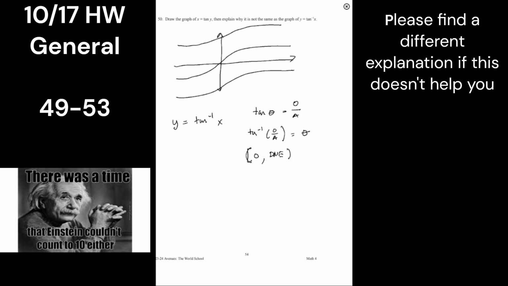Should be like this. And then DNE to 2 pi, right? But it has a limit, right? Because it doesn't matter how big the ratio is, it will always respond with an angle that's between 0 and 360.